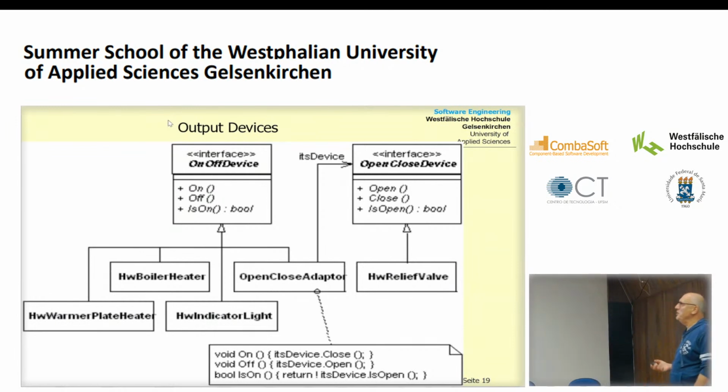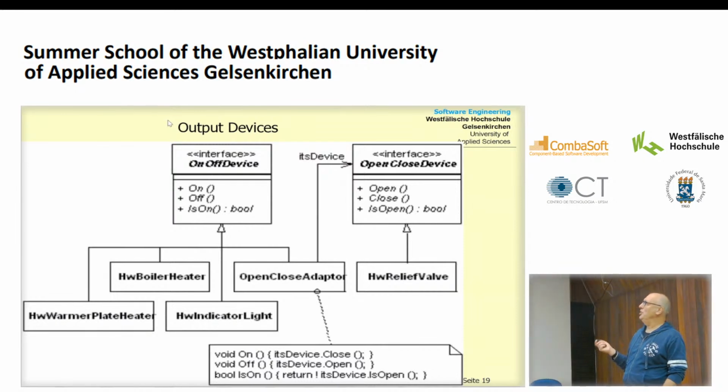Now we think, okay, can we use the open-close device with the on-off features? Or the other way around, can we use open-close for the on-off device? So we design an adapter in between. We call it the open-close adapter. It's a specialization of the on-off device. And here we have operations that adapt one interface to the other.